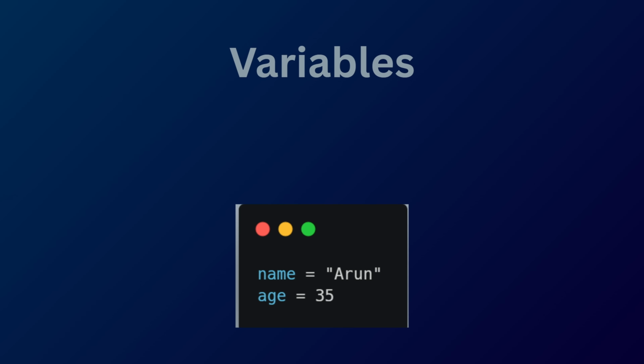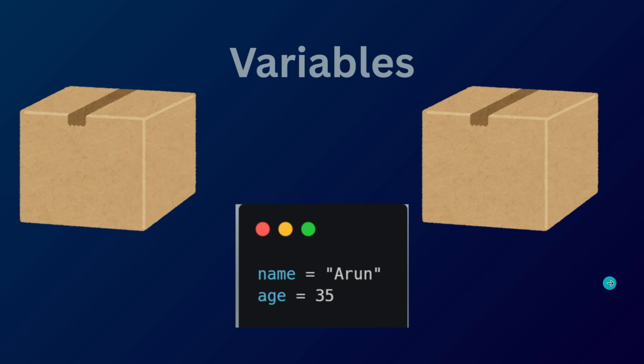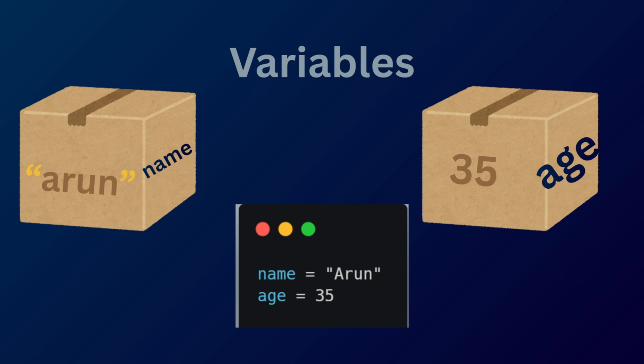The box is used to store some information. Let's create a variable name and age. So you have two boxes here with the label of each box as name and age, and each box contains some information. In the name we have Arun and in age we have 13.